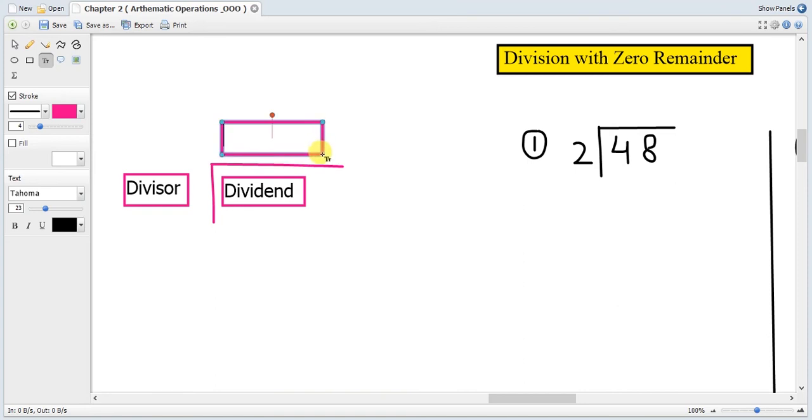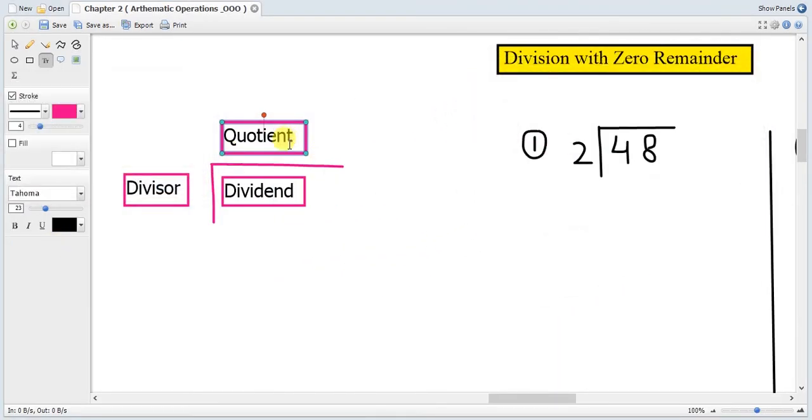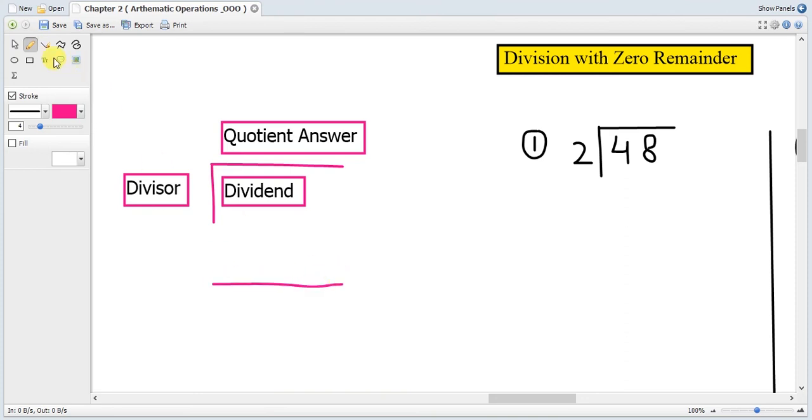The value at the top is our quotient, or we can also call it the answer. And after solving the whole question, the value left at the end is called our remainder, right? These are the positions and names of the values when we solve it. If I say divisor, you should know which number I'm talking about, right?